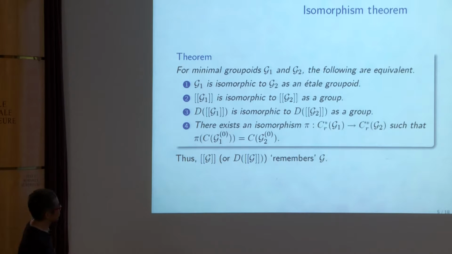And this commutative C-star algebra naturally sits in this C-star algebra as a Cartan subalgebra. So the last condition says that I can find an isomorphism preserving their canonical Cartan subalgebras. What is upper index 0? Unit space. Yeah. Okay.